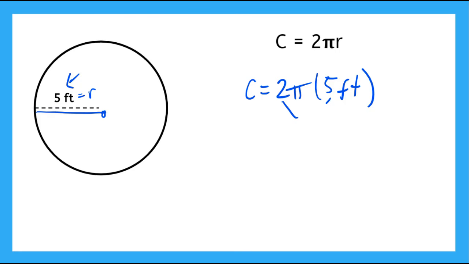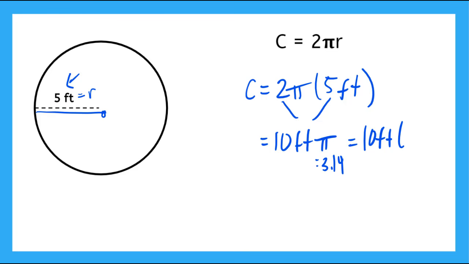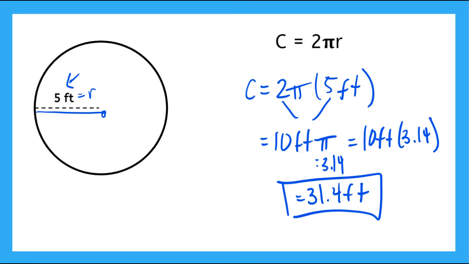So now if I multiply my 2 and my 5 together, I get 10 feet, and I'm multiplying all of that by pi, and 10 feet times, remember, pi we can say is equal to 3.14 here. And now if I multiply 10 feet by 3.14, I get 31.4 feet. And that's the circumference, or the distance all the way around my circle.